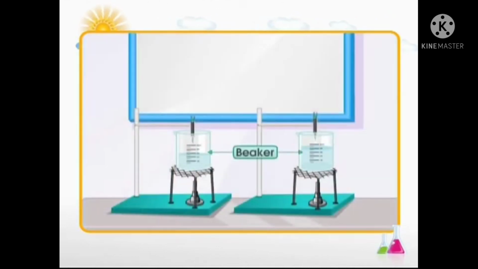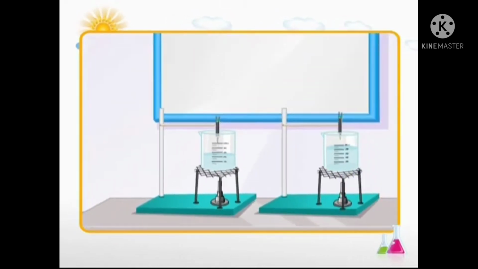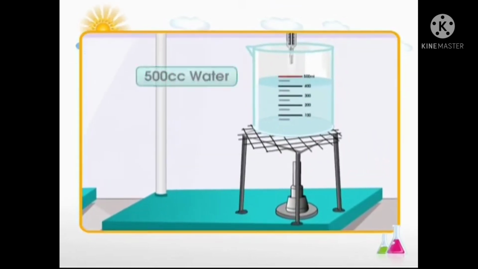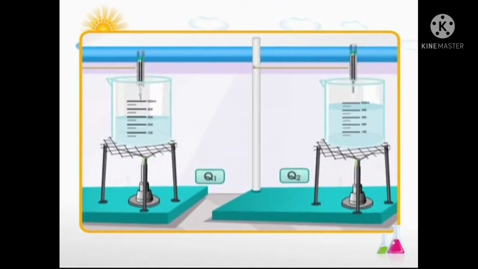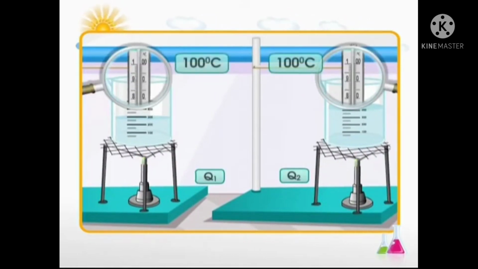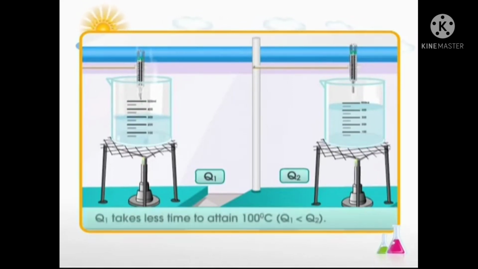Consider two beakers, one containing 250 cubic centimeters of water and the other containing 500 cubic centimeters of water. If you heat the water in both beakers to 100 degrees Celsius, you will observe that 250 cubic centimeters of water takes less time as compared to 500 cubic centimeters of water.